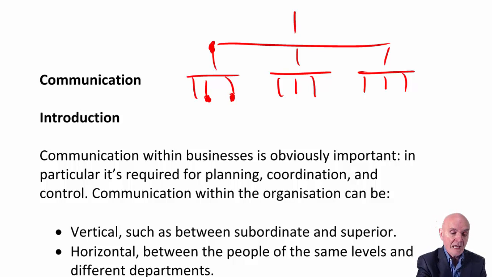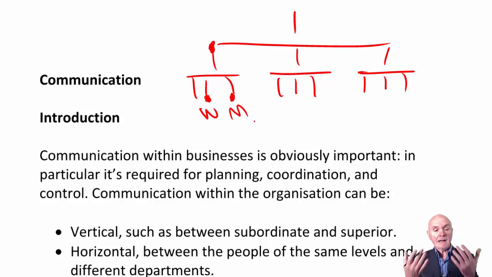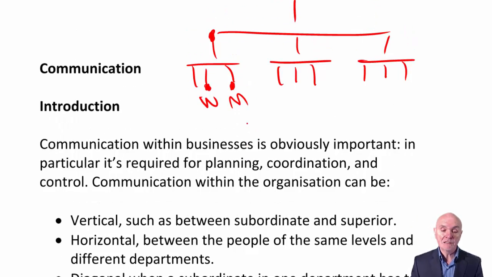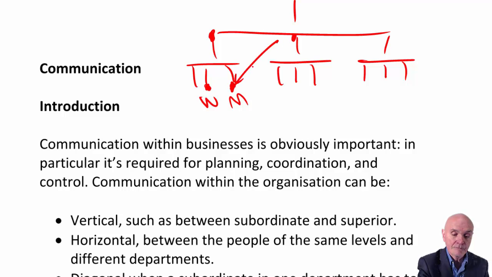So maybe what we have is the web designer here who wants to talk to a marketing person here about how the products or the services should be presented on the web to be attractive to potential users of the website. And finally, we have diagonal communication, where somebody here is talking maybe to a boss up there.